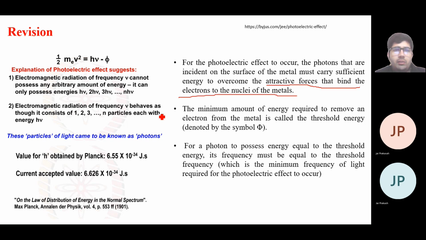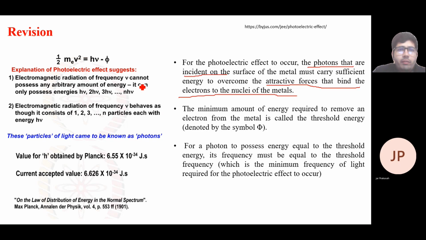only then can they leave the metal surface. So for the photoelectric effect to occur, the photons incident on the surface of the metal must carry sufficient energy to overcome the attractive forces. The minimum amount of energy required to remove an electron from the metal is called the threshold energy and is denoted by the symbol phi. It's very important.